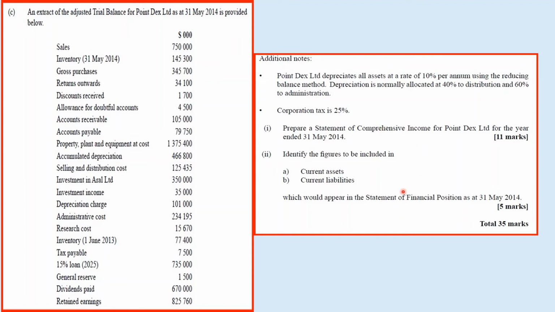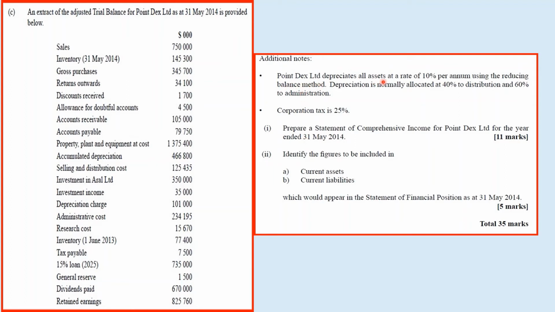So it does not require the entire balance sheet, just the current assets and the current liabilities. And it also does not ask us to conform to IAS or IFRS standards. Okay, so we can use any format we wish to.